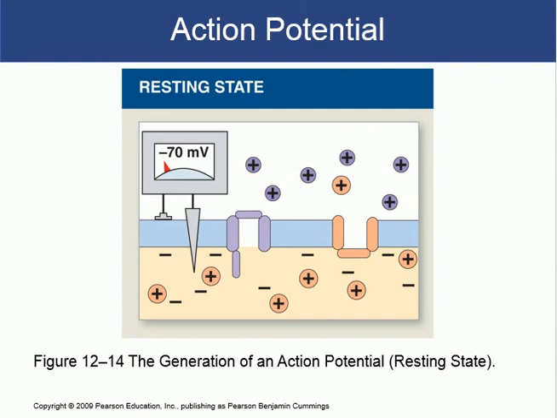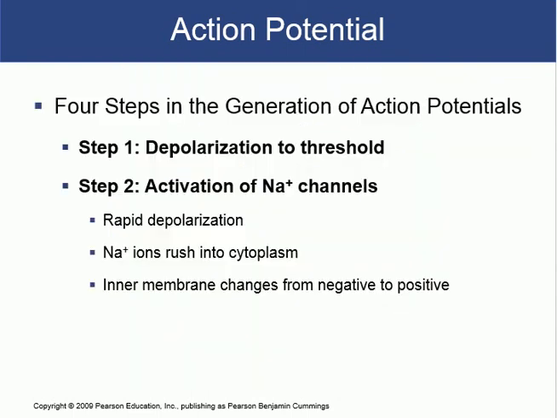So here is minus 70, and you go to depolarization. You got to the threshold. You activated sodium channels. That will cause rapid depolarization. If you compare this part versus this, this is called slow depolarization, and this is called rapid depolarization.